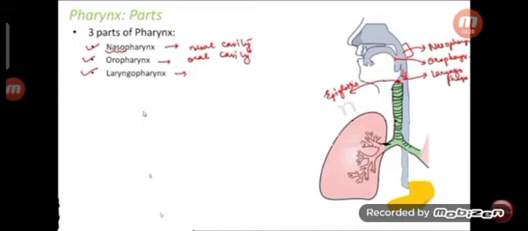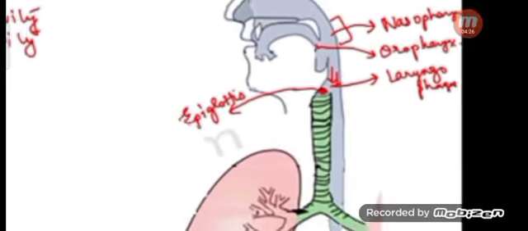And after that the laryngopharynx, which relates to the larynx part.